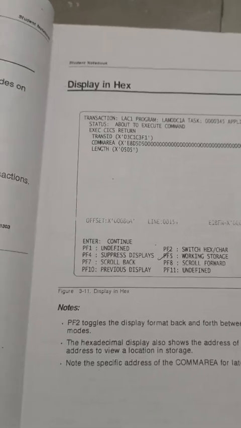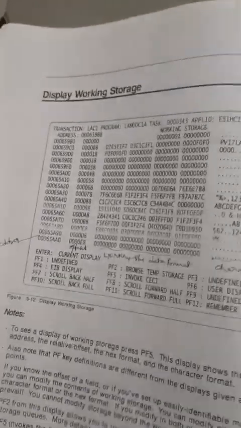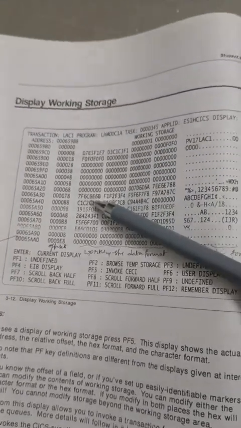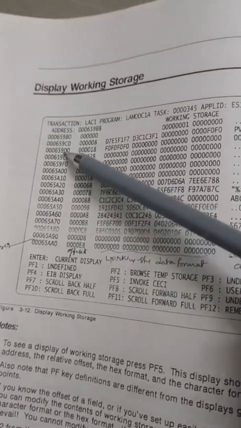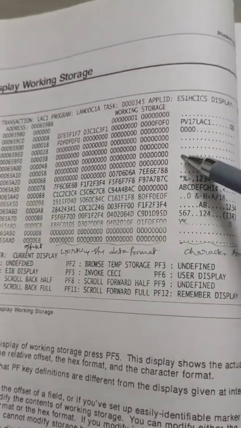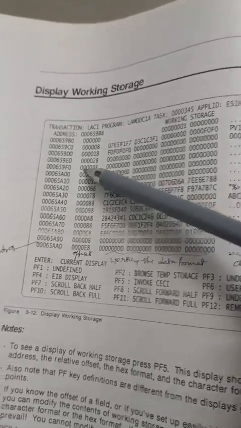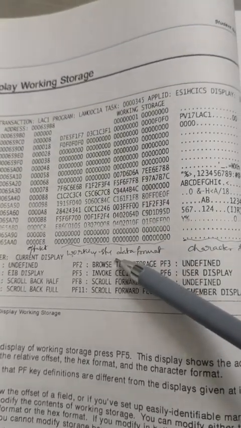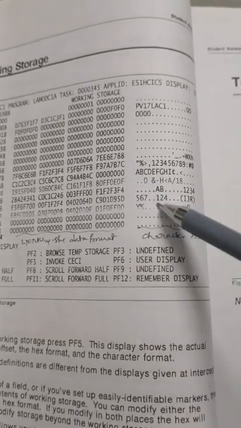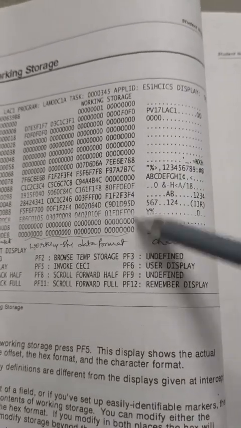Here are the hexadecimal address fields, and this is the offset value. This is the working storage data format, and this is the character format on the right side.